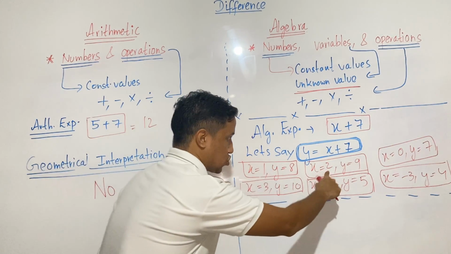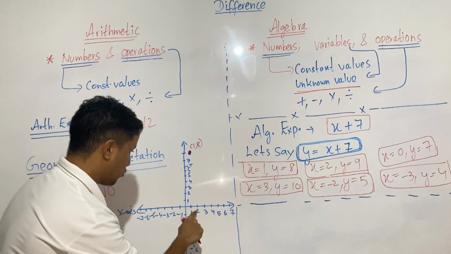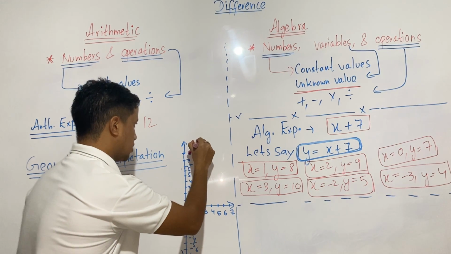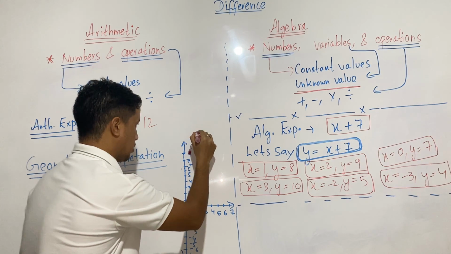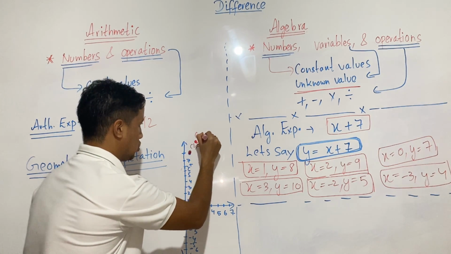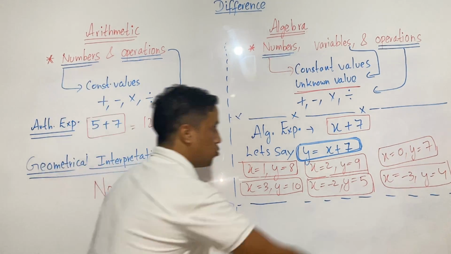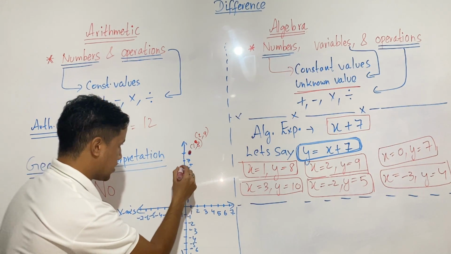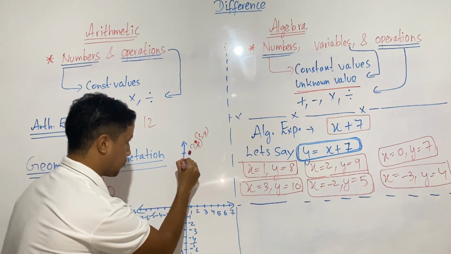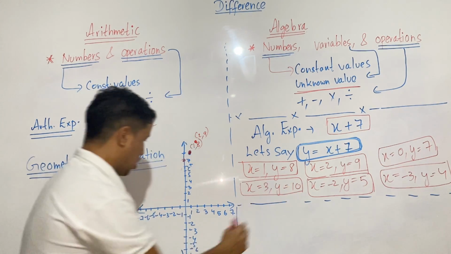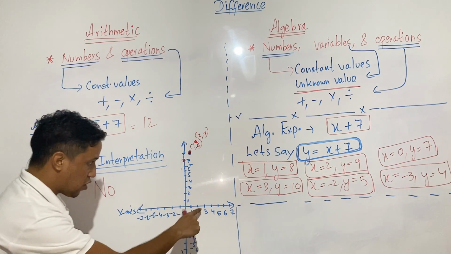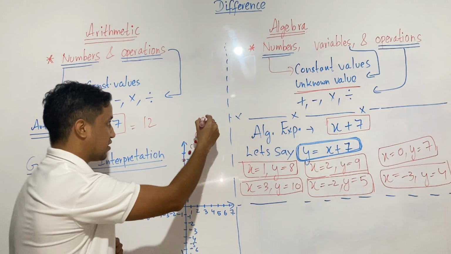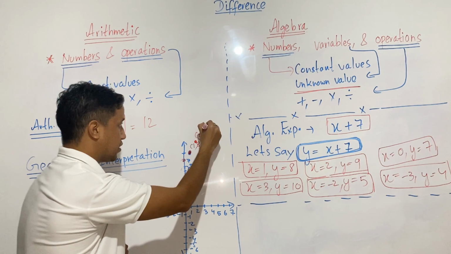If you put x as 2, y is going to be 9, so this is the point 2, 9. If you put x as 0, y is 7, which is this point. If you put x as 3, y is going to be 10, somewhere here.